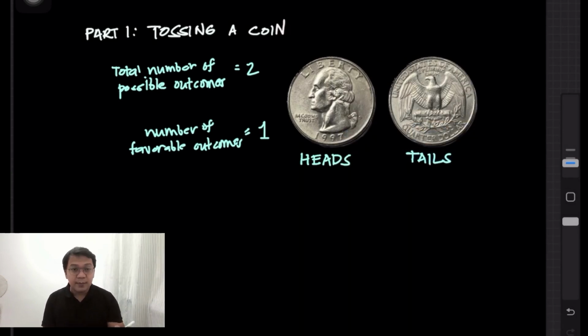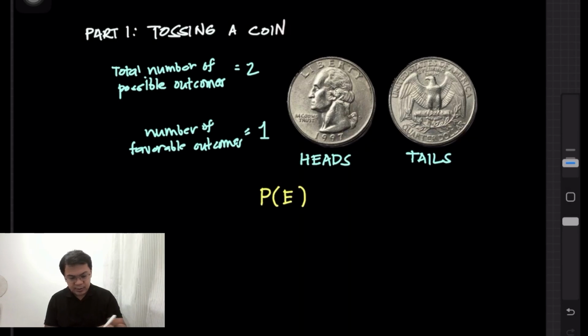Why? Because the formula for probability goes like this. We call the probability P, and enclosed in parentheses we put the name of the event. It could be just a letter, a character, or a name.